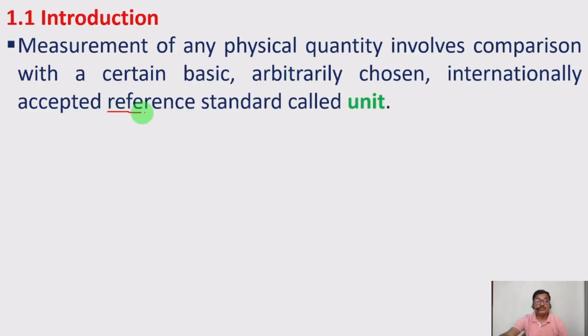Measurement requires one reference standard, and that standard should be basic and arbitrarily chosen, that is, wisely chosen to be suitable. It should be internationally accepted. That reference standard is called a unit for the measurement.